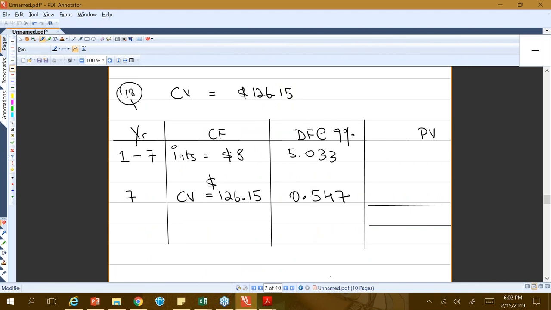Once you do the maths here, I can then have the market price of this. So $8 into the 5.033, we get 40.26.